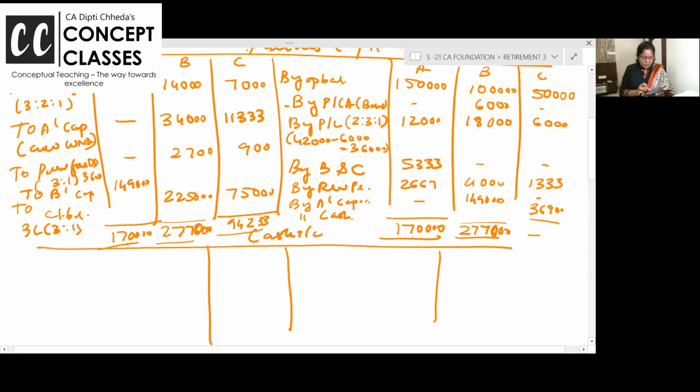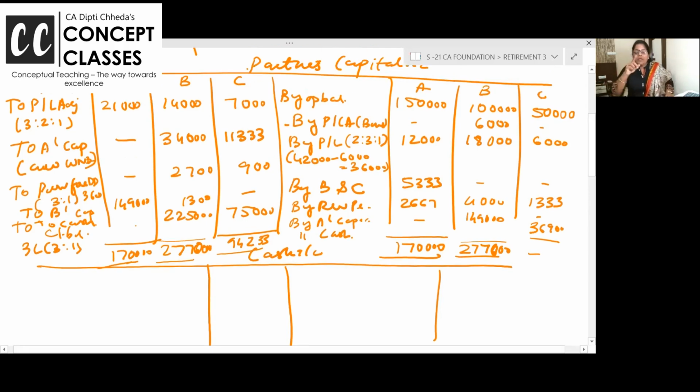Minus 14,000 minus 34,000 minus 2,700 minus 225. 1,300 cash we have to give to B. Check your capital account. Who gave the money to A? B. Still B had 1,300 extra cash. Take it to your home. And C, you bring cash. This is correct now.